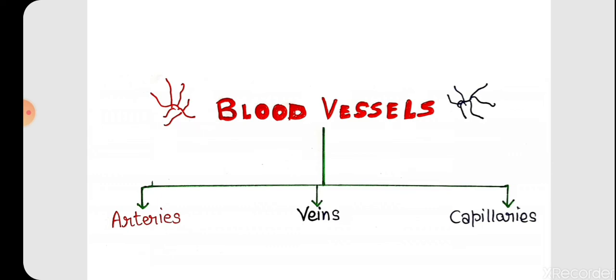Veins carry impure blood from our various body parts and transport it into the heart. And the capillaries are the network where arteries and veins meet each other. So today we are going to discuss these three in detail. Let us proceed with the arteries first.